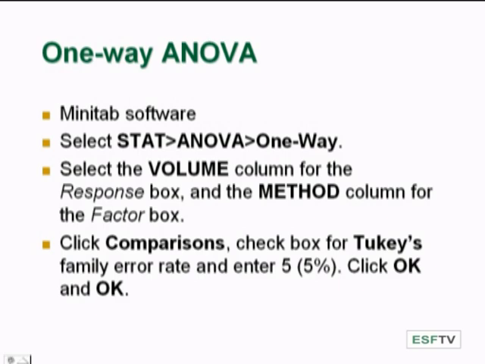And in the factor box, we're going to put method, because method is how we described treatment. Now you want to click comparisons. This is where we set up for our Tukey's family error rate. We're going to enter 5%. This is setting up our level of significance for our family of pairwise comparisons. You're then going to simply click OK and OK.